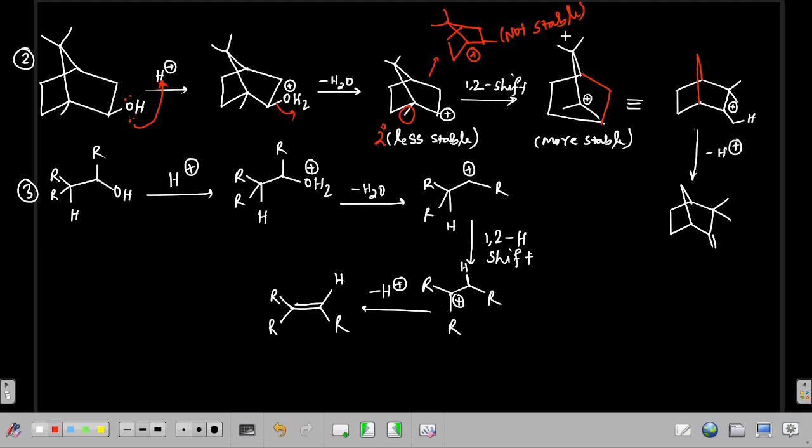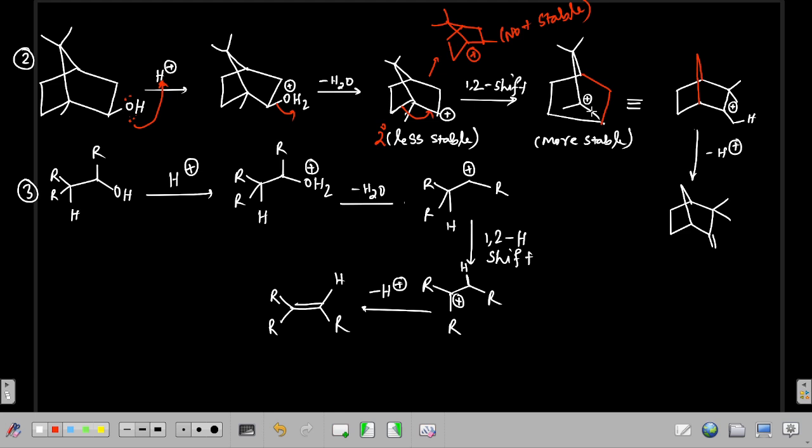So there are no groups to shift. So only this carbon will shift from here to here, like this bond will shift.